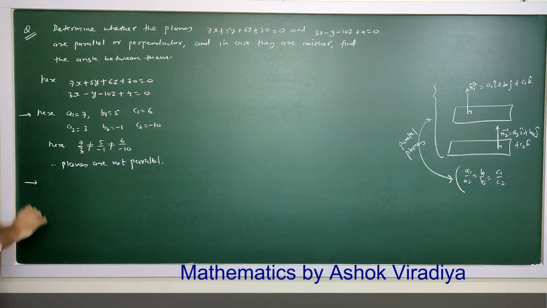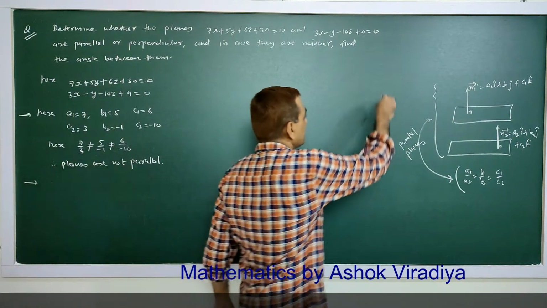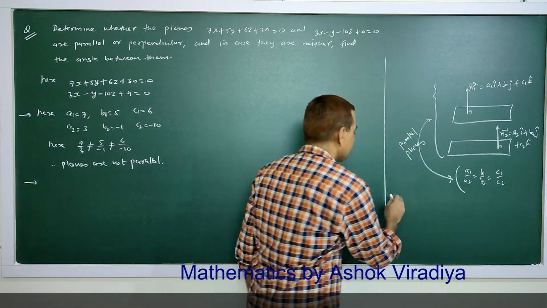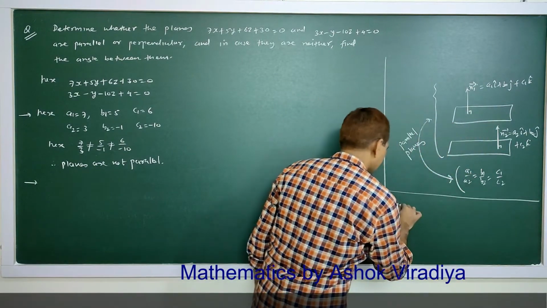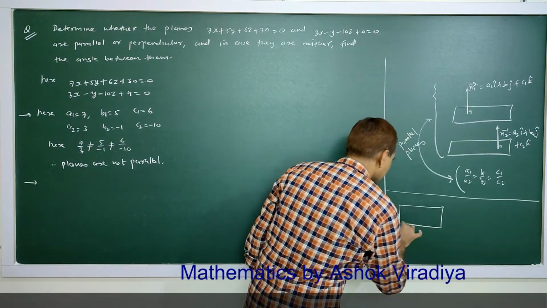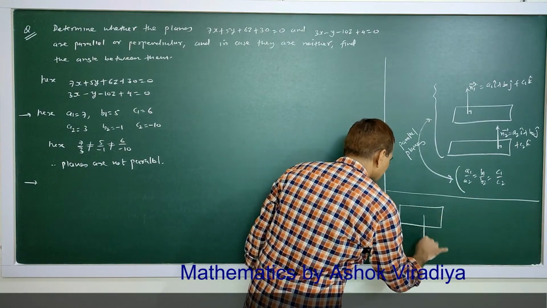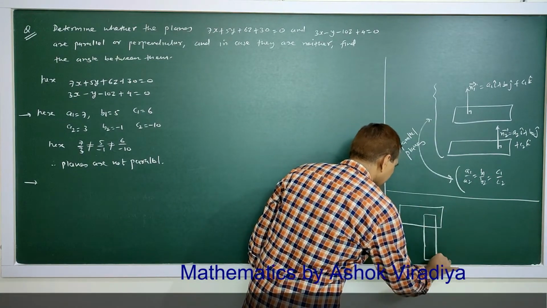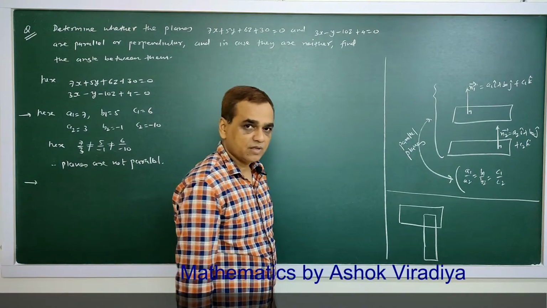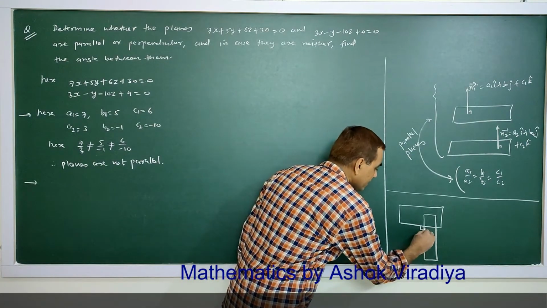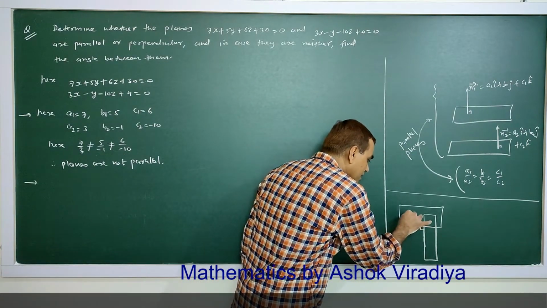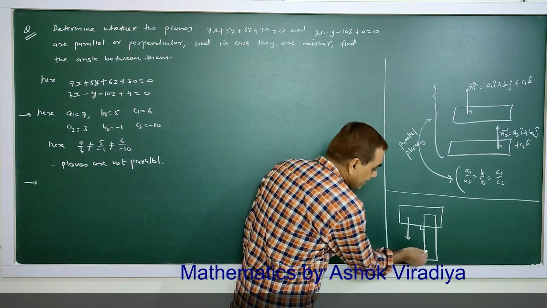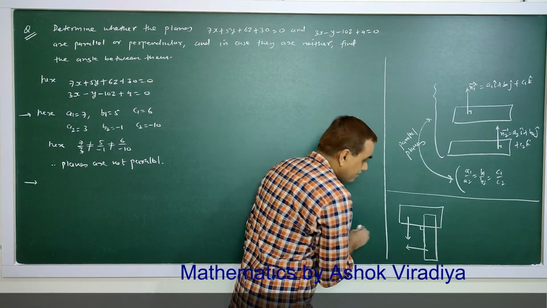Now second point, are they perpendicular? If planes are perpendicular, say suppose this plane is perpendicular to this plane, it is possible if normal to the first plane and normal to the second plane are perpendicular.